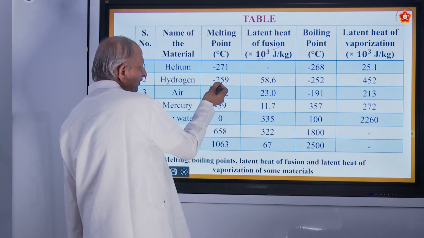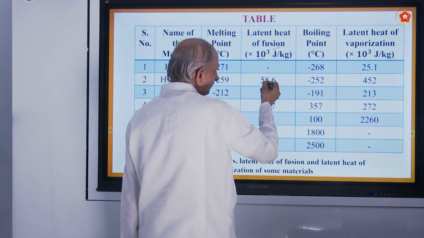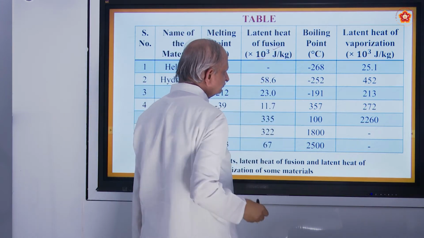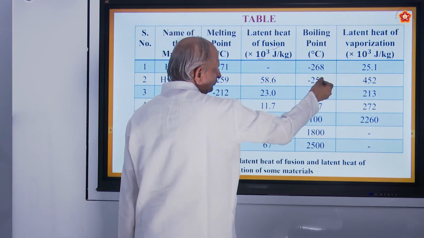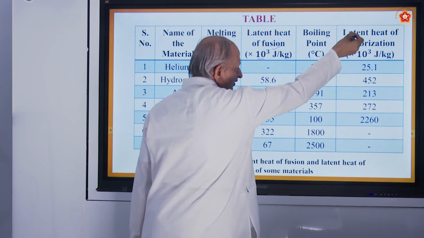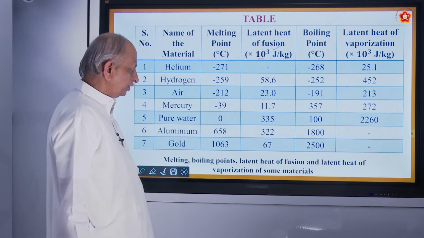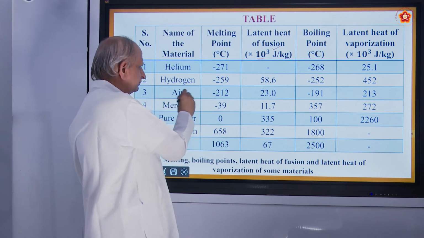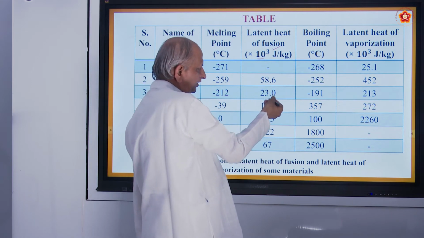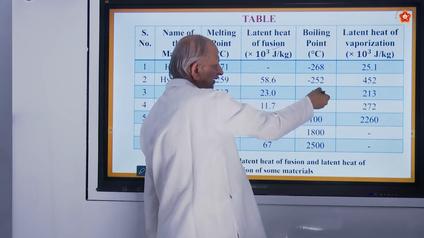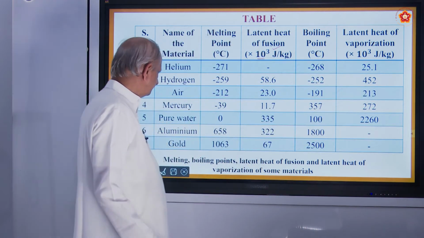Hydrogen: minus 259 degrees Celsius is the melting point. Latent heat of fusion is 58.6 joules and boiling point is minus 252 degrees Celsius. Latent heat of vaporization is 452 joules. Air: minus 212 is the melting point, 23 is the latent heat of fusion, boiling point is minus 191, latent heat of vaporization is 213.